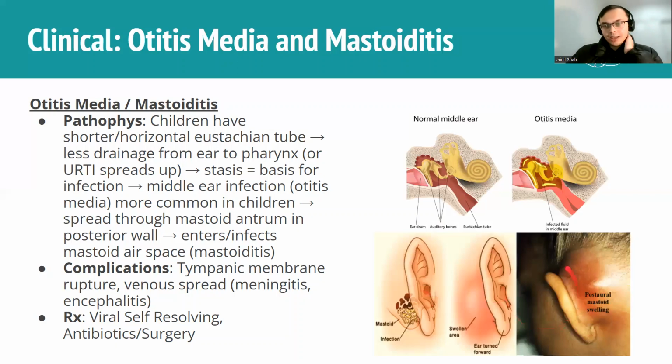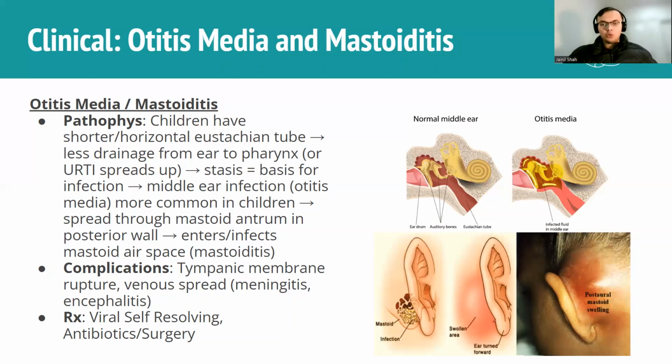And you can see that here in the diagrams where the middle ear infection has gone from just the middle ear to the actual bone behind the ear, which is the mastoid bone, right? So that's an important complication of otitis media, and it shows how anatomy has an application with actual pathophys of conditions.